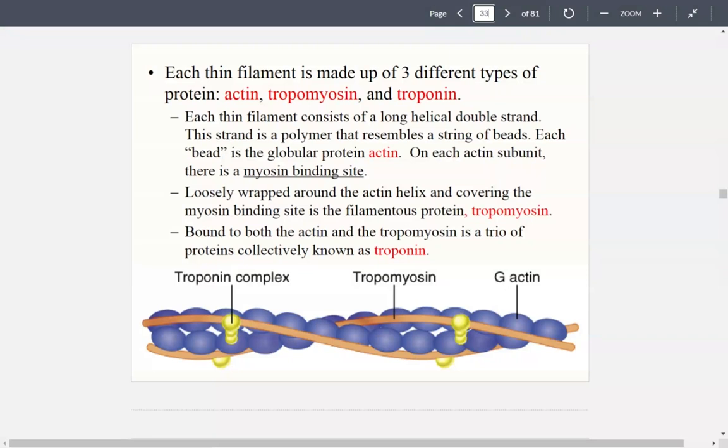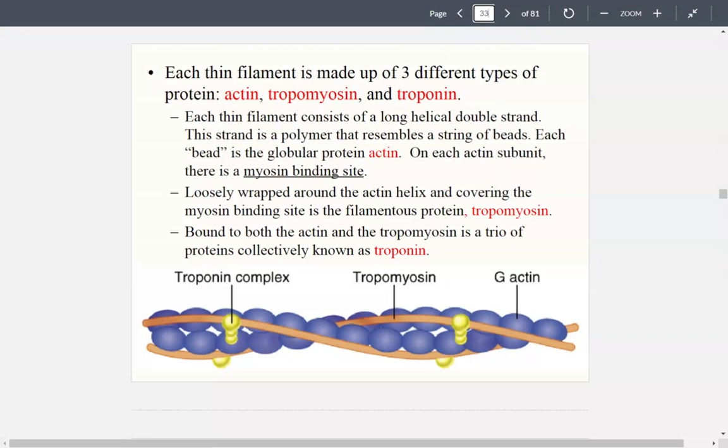On top of the actin molecules, we're going to have the troponin and the tropomyosin. The actin has a very bead-type, globular appearance, so it kind of looks like a twisted strand of beads. On each actin protein will be a myosin binding site. This is, again, going to be important when we talk about contraction.